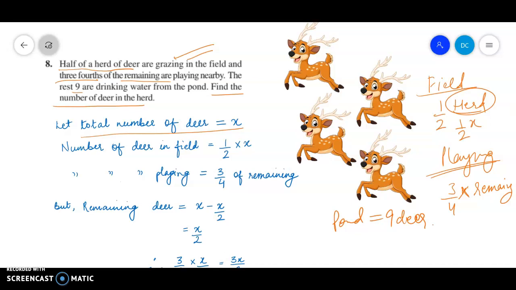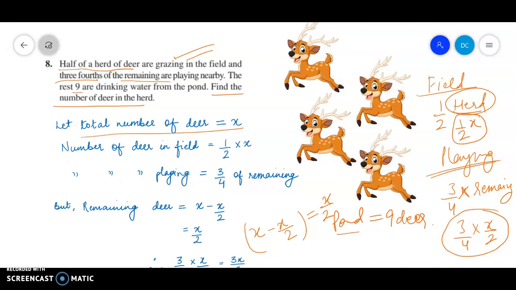Then playing is 3/4 of the remaining. Now if half x is in the field, what is the remaining number now? Total was x and half is in the field, so remaining is half. That means 3/4 of x by 2 is nearby playing. Okay, and the number of deer near the pond is simply given, 9.